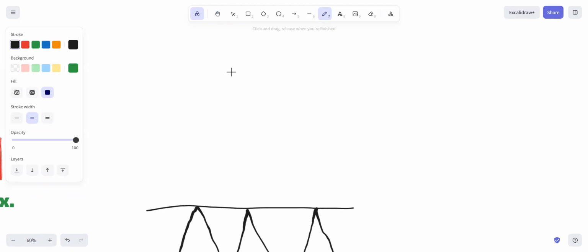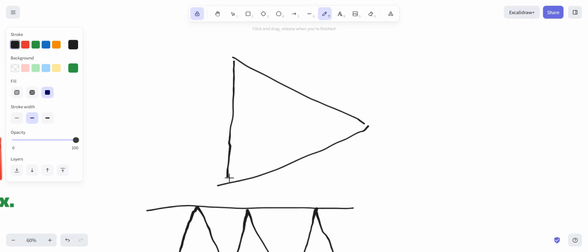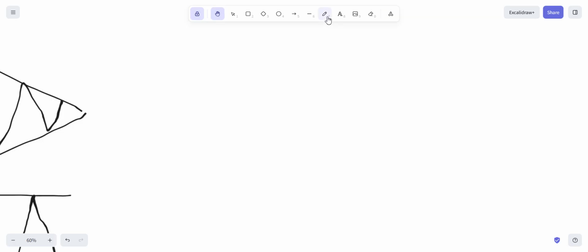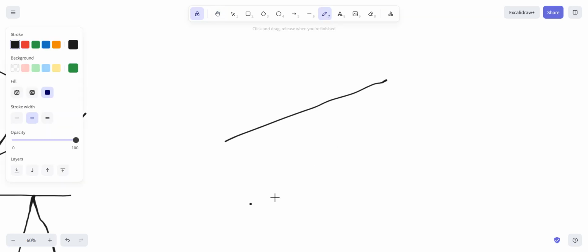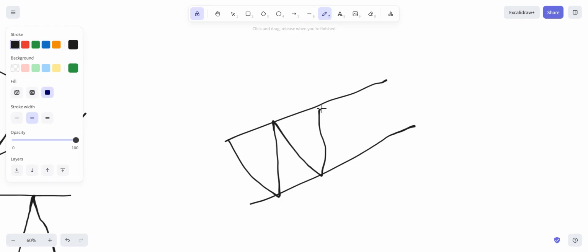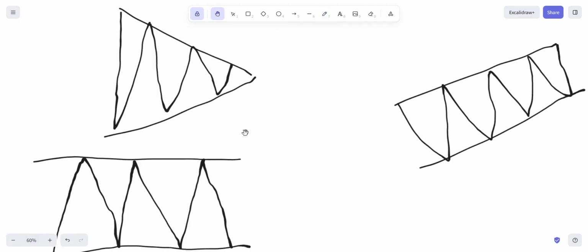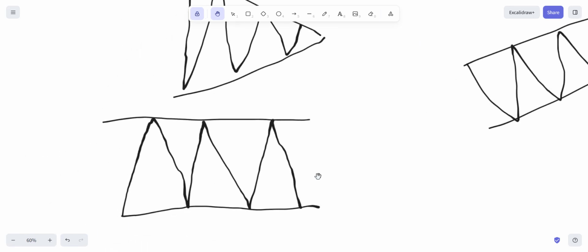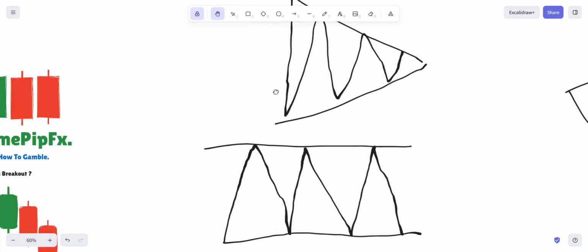Or sometimes the market makes this kind of movement. Or it could be like this. This kind of price action has been given different names, but we will jump into simply how to trade this price action.